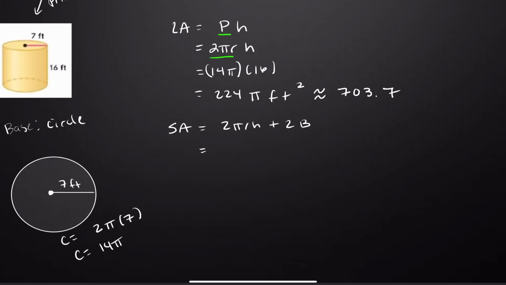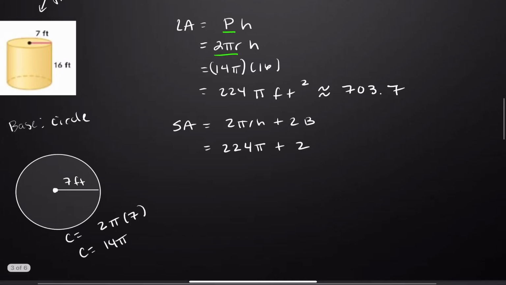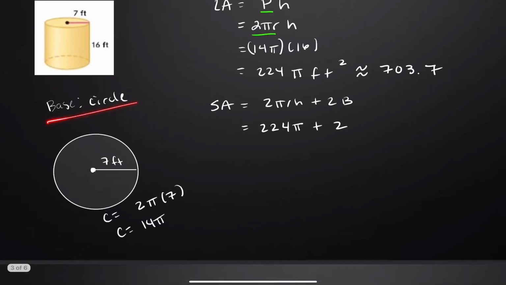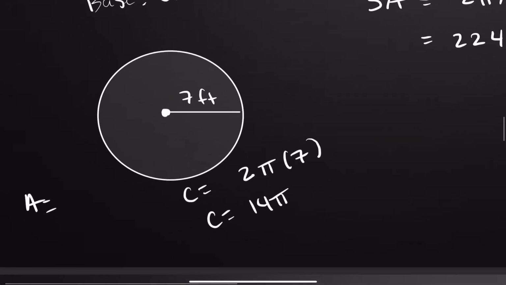So I have 2 pi RH is 224 pi. Plus 2 times the area of the base. We know that the base is a circle. The base of the prism is a circle. And I want to find the area. So it's A equals pi r squared. So pi times 7 squared.